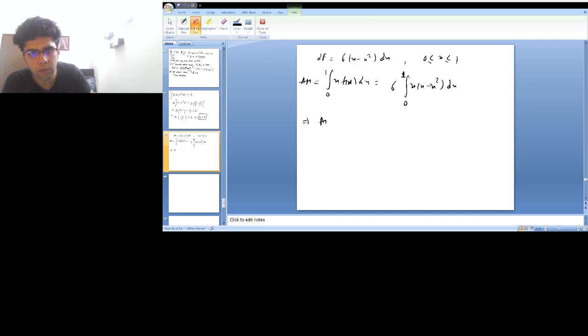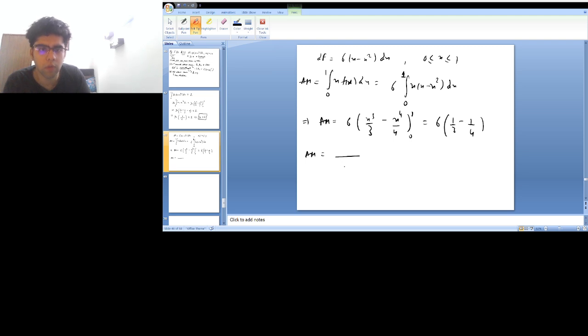This becomes arithmetic mean is equal to 6 into, so integrating x square, we get x cube by 3, and integrating x cube, we get x4 upon 4 and the limits are 0 to 1. This gives me 1 by 3 minus 1 by 4, which is 1 upon 12 into 6, which is 1 by 2. So my arithmetic mean is 1 by 2, right?